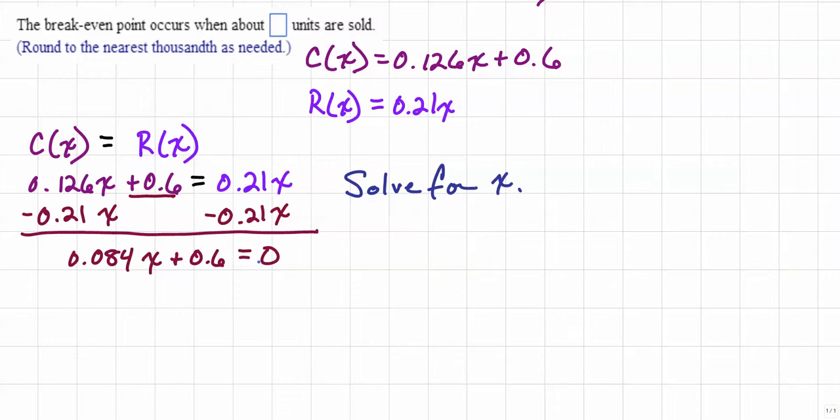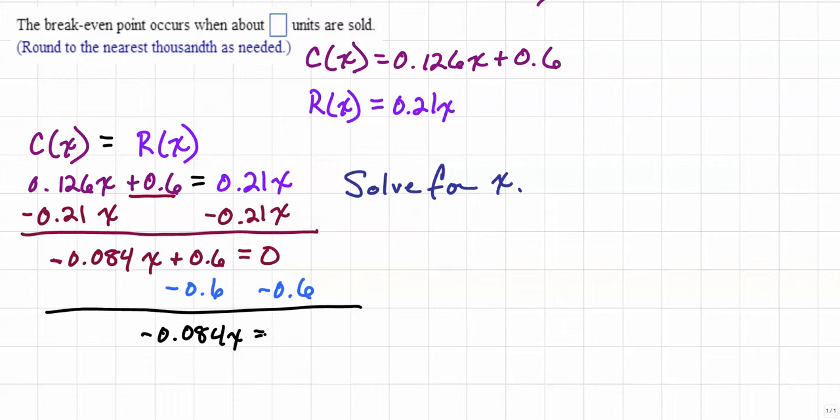Let's subtract 0.6 from both sides, and we have this new equation: negative 0.084x is equal to negative 0.6.